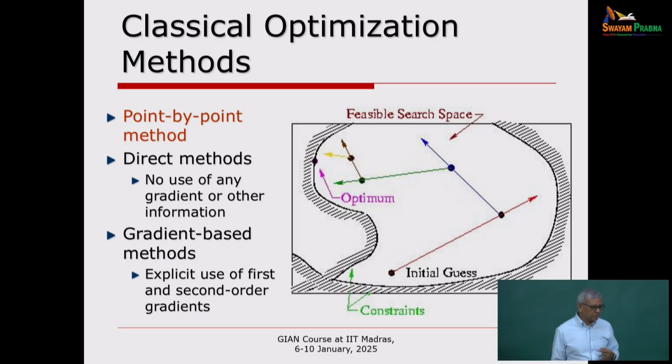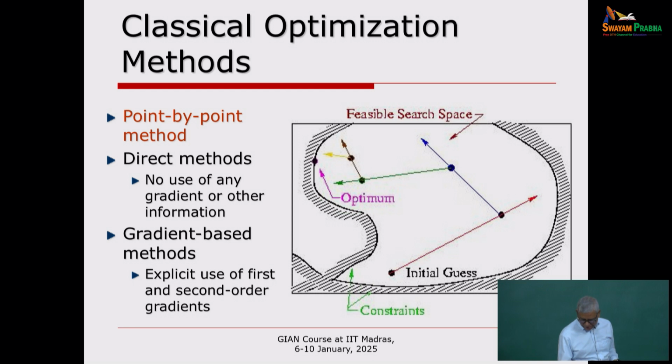Before that also optimization was used, starting around World War II, because they needed to optimize their troops, how many tanks, how many fighter planes should be going, and mostly they used linear programming problems. I talked about nonlinear here. But seriously, the literature in optimization started in the early 60s. So that's why I call them classical, but they're basically point-based methods.